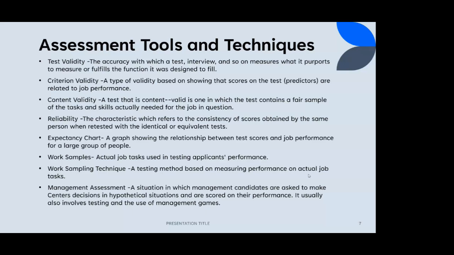Reliability, the characteristic which refers to the consistency of scores obtained by the same person when retested with the identical or equivalent tests. Expectancy chart, a graph showing the relationship between test scoring and job performance for a large group of people.